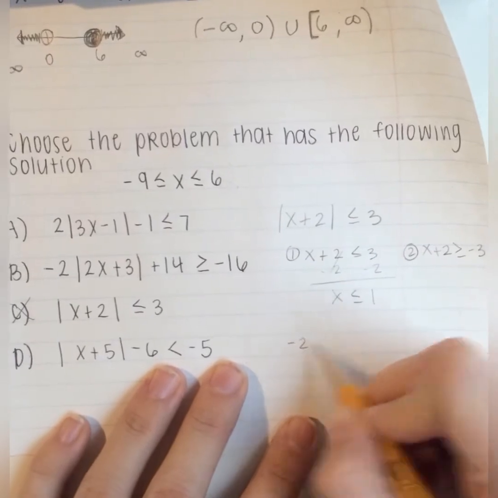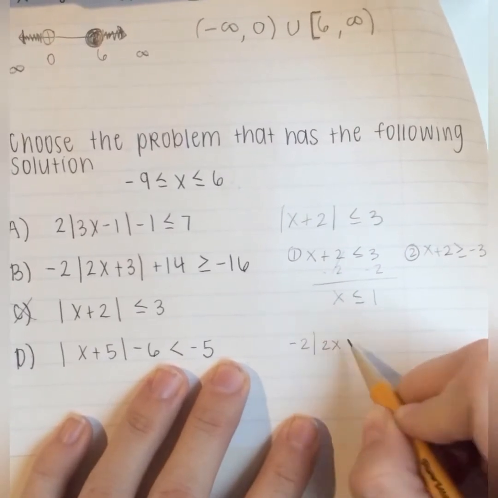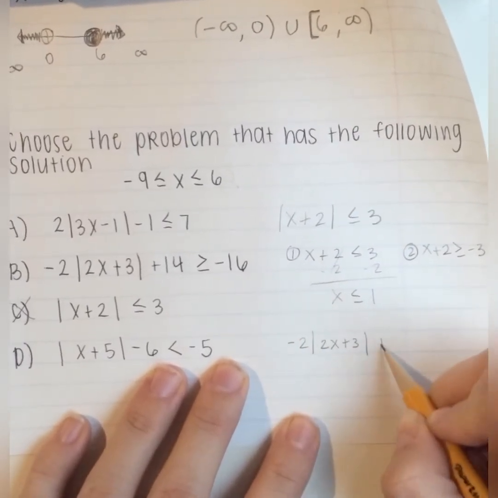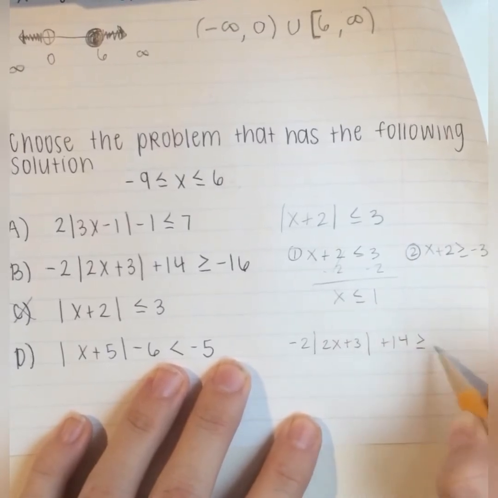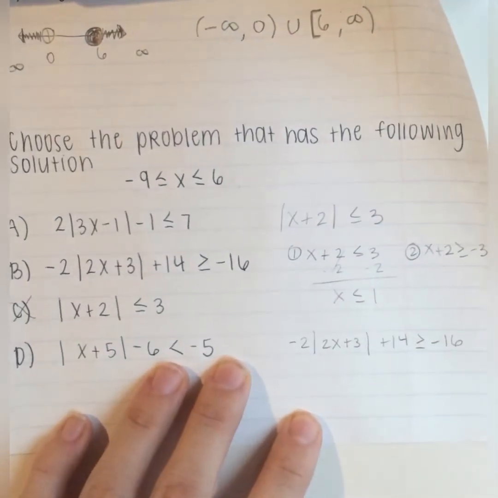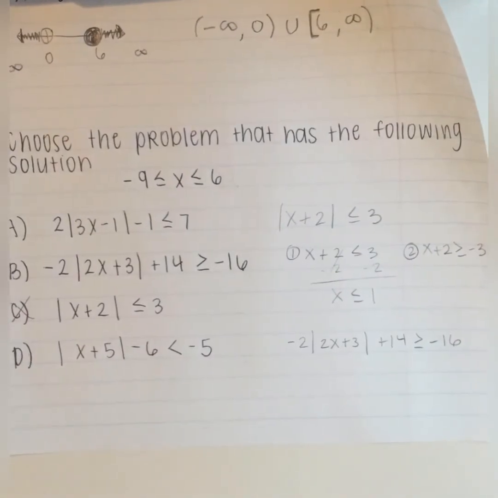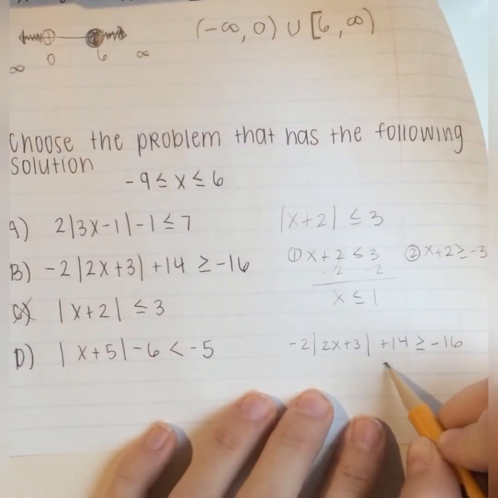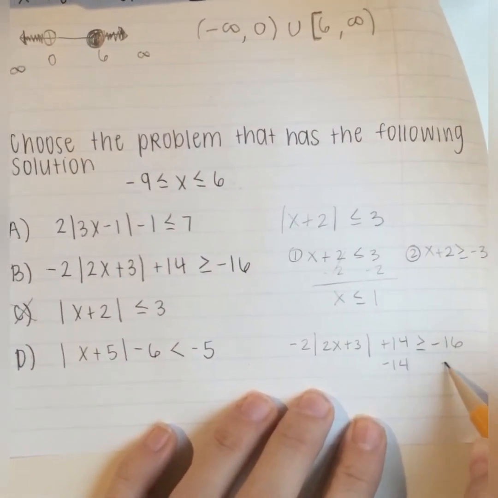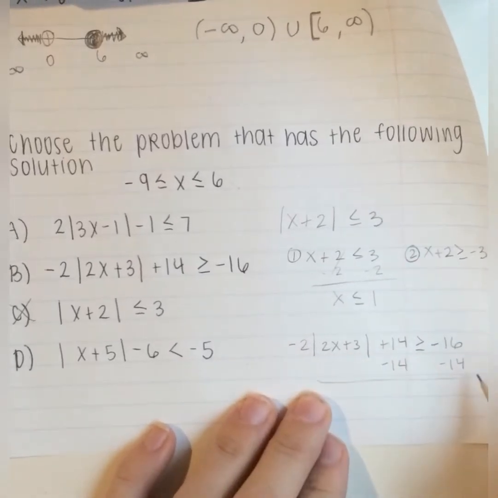If I have negative 2 times the absolute value of 2x plus 3 plus 14 is greater than or equal to negative 16, let's look at getting this by itself. So I'd subtract a 14 from both sides.